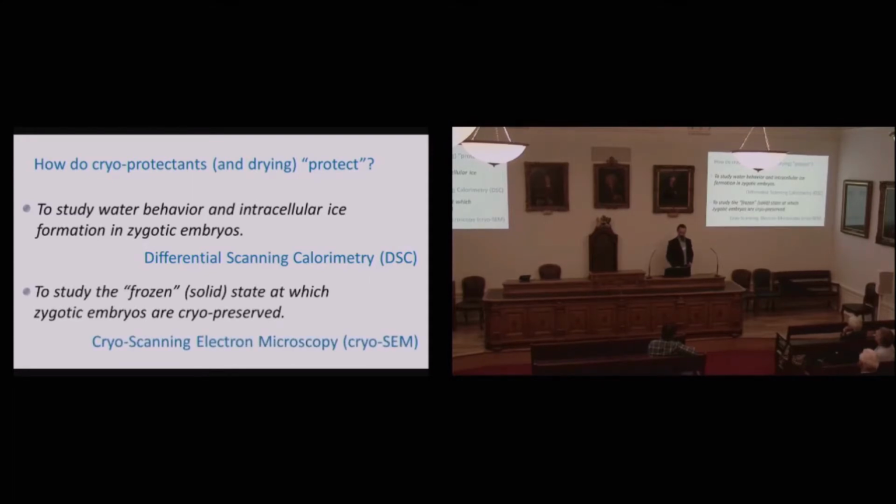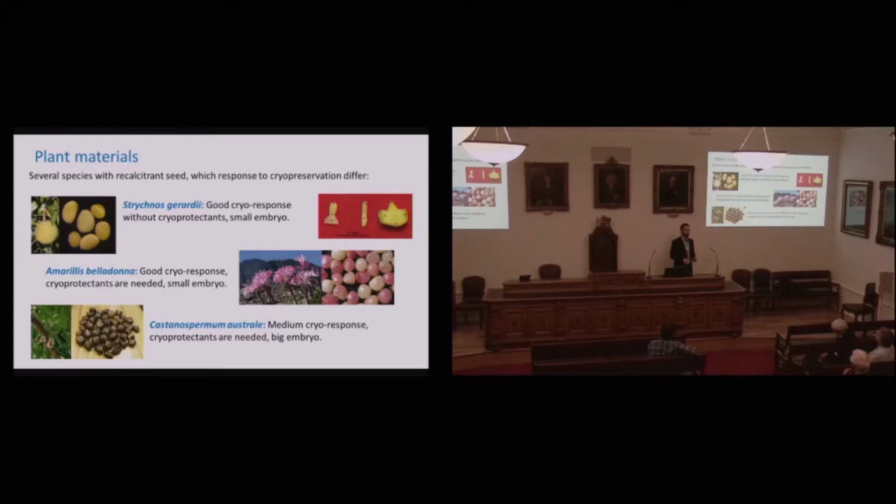I also used cryo-scanning electron microscopy with a cryostat, because I wanted to see the frozen state of the samples after the whole preservation process. The samples were treated as normal, plunged in liquid nitrogen, and then directly moved into the scanning electron microscope, and they were always below minus 100 degrees. So we got a quite good idea of what the structure looked like.